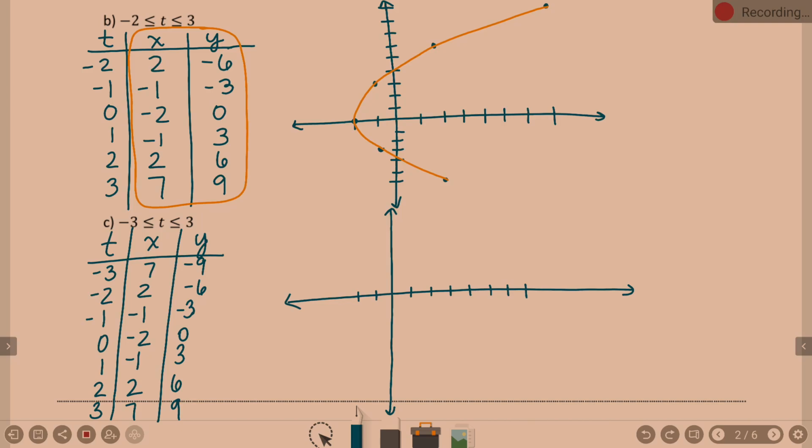This isn't going to work very well for me, but I'm going to make it happen. 1, 2, 3, 4, 5, 6, 7, 8, 9. Whoops. Oh well. And 1, 2, 3, 4, 5, 6, 7, 8, 9.